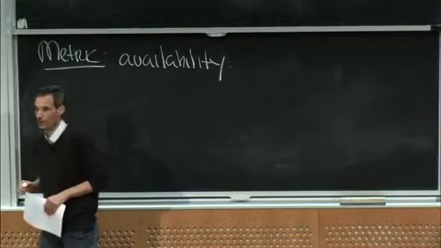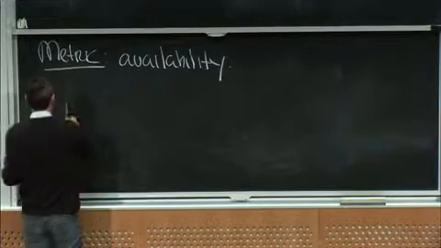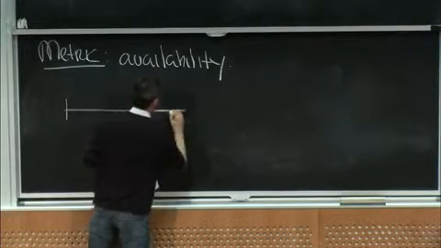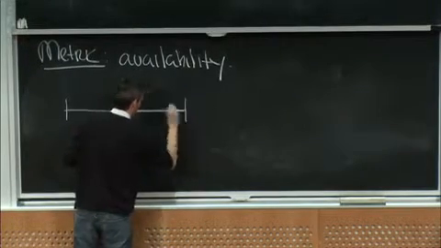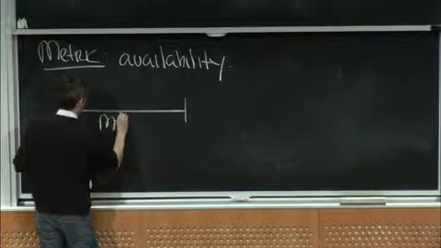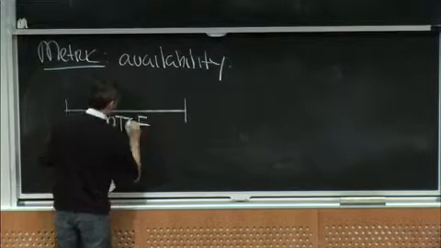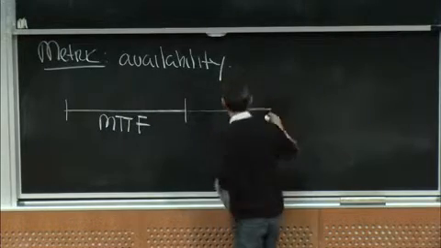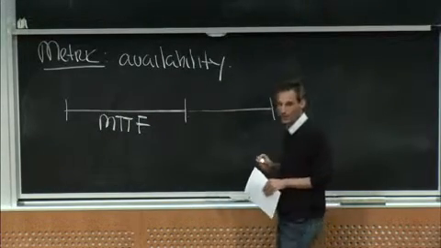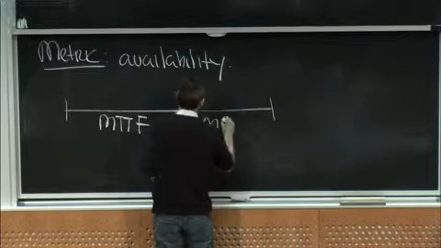It's based on the following observation. Let's say we have a system that runs successfully for a period of time, and then it has a failure. We call that period between failures the mean time to failure. Then there's a period of time where the system might be unavailable because it's being repaired, and we call that the mean time to repair.